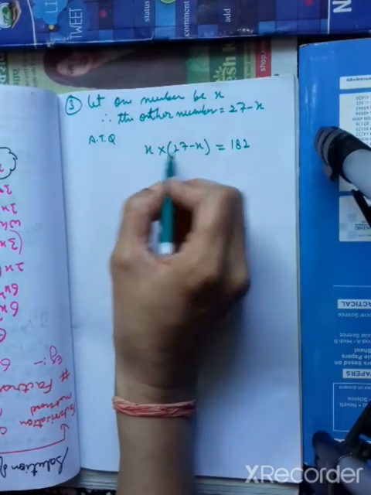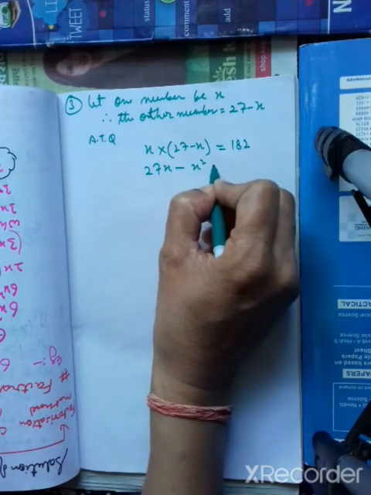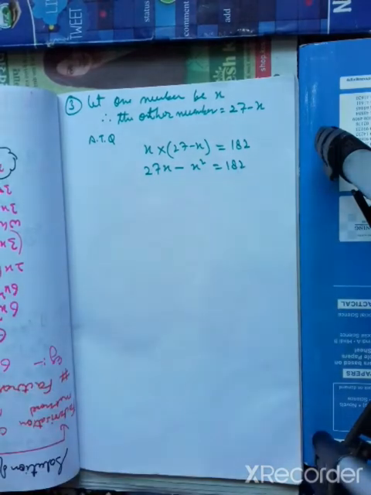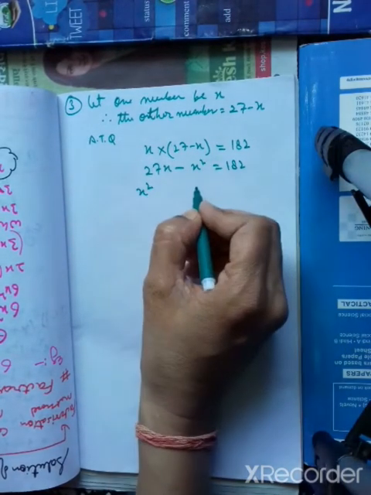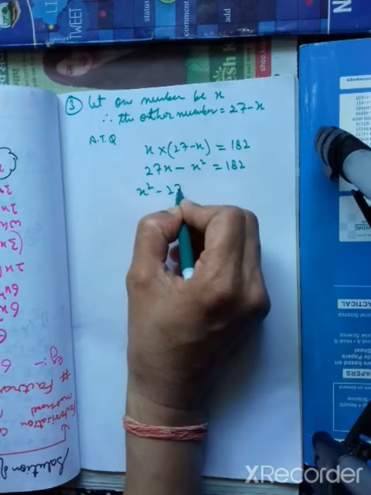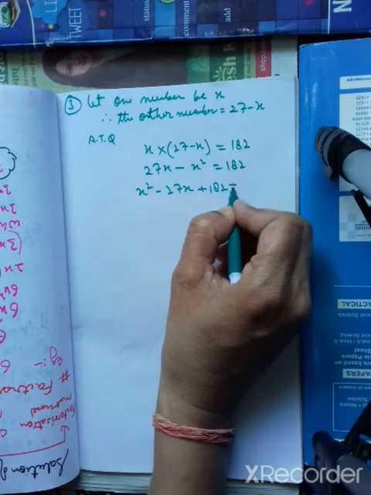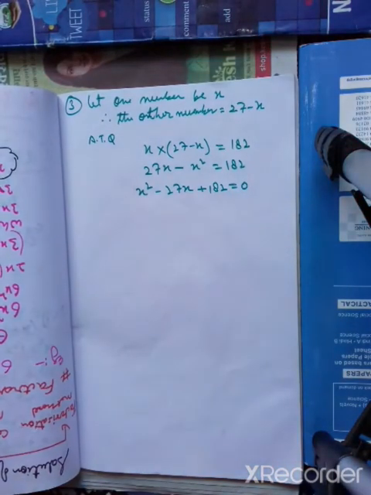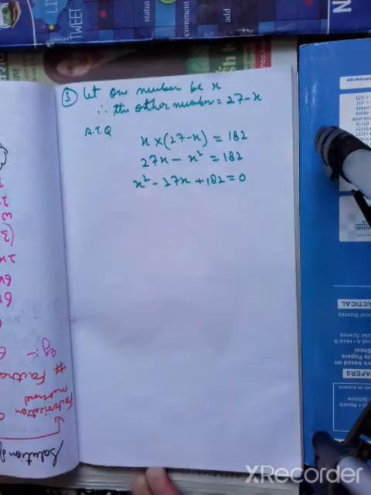Then multiply x into 27 is 27x minus x square equals to 182, which we can write as x square minus 27x plus 182 equals to 0. Okay, writing in standard form. Now we are having a quadratic equation.